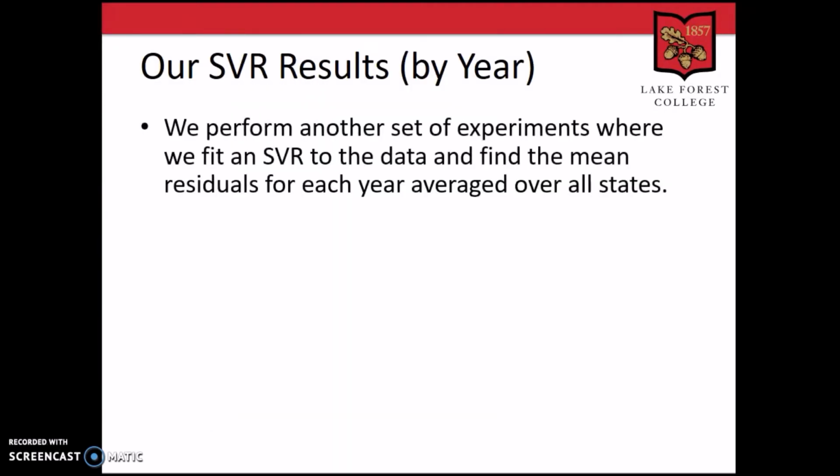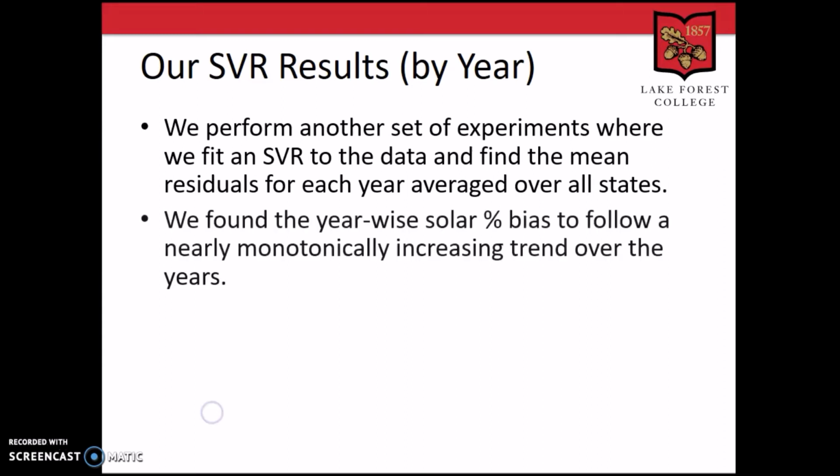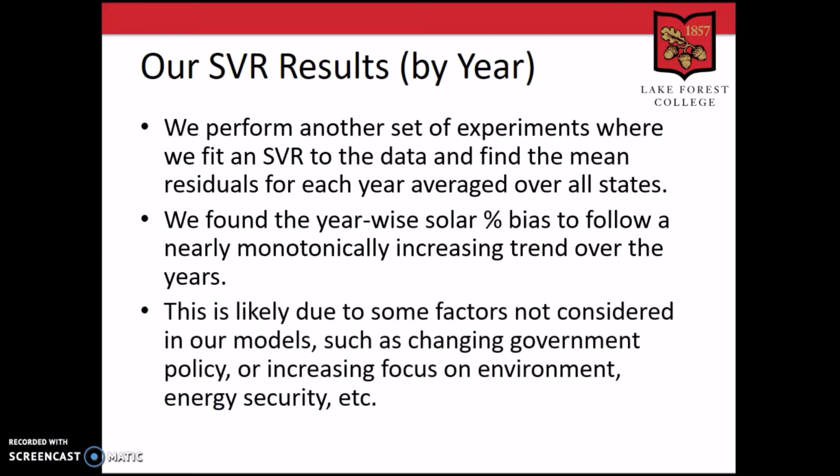And then we repeated the same experiment by year. So we fit an SVR to the data, and we found the mean residuals for each year averaged across all states, and we found the year-wise solar percent bias to follow a nearly monotonically increasing trend over the years.